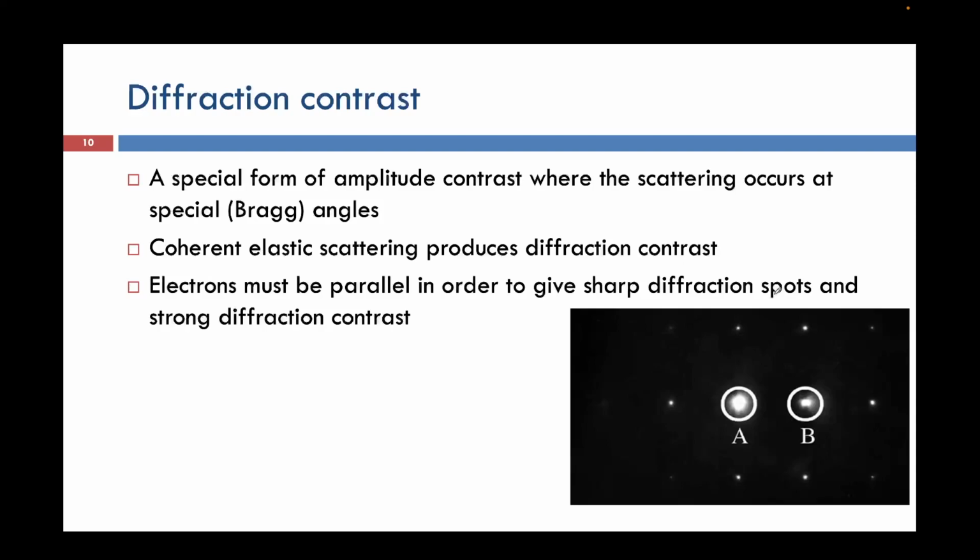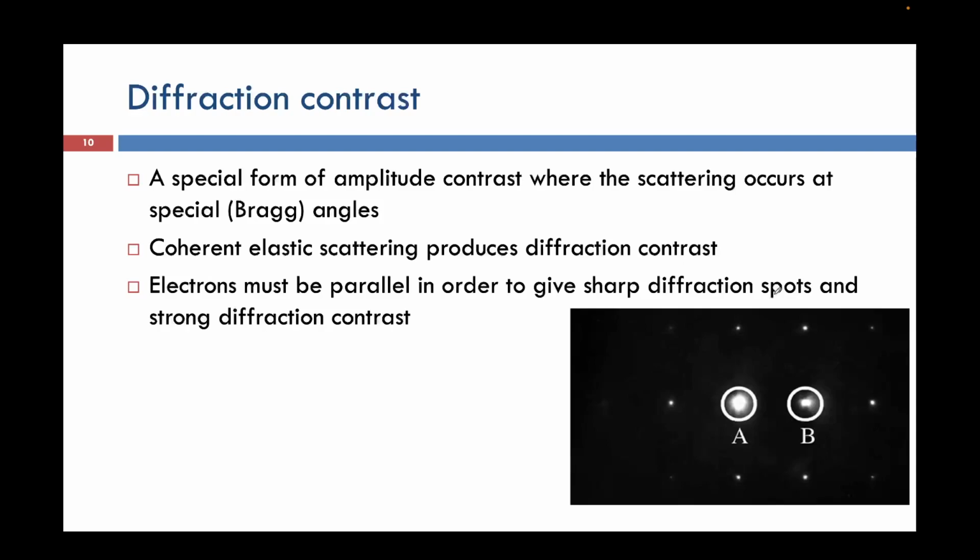When our incident electron comes and interacts with our specimen, the moment these incident electrons satisfy Bragg's condition for these HKL planes, they will be diffracted. Since they are diffracted, they will not go straight, they will go at a certain angle. Based on the collection of these diffracted rays, there will be some contrast mechanism associated with our image, and that contrast is known as diffraction contrast.